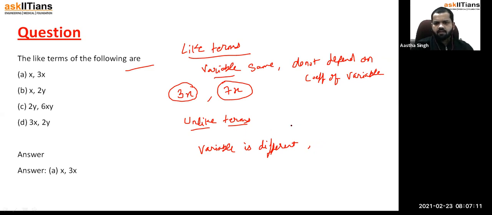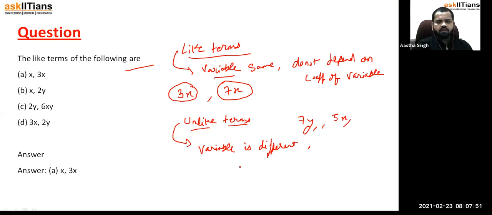So basically, unlike terms, suppose 7y and 5x, these are totally unlike terms. Why? Because of your variables. It does not depend on your coefficients. It only depends on your variable. If unlike terms are there, the variable is different. If like terms are there, the variable is same. So 7y and 5x both are unlike terms. Why? Because here the variable is y and here the variable is x. I think you have got the point.